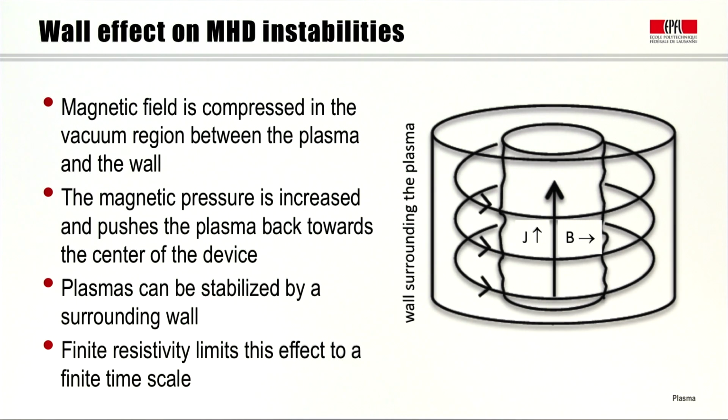The magnetic pressure is increased, and that pushes the plasma back towards the center of the device. This tells us the plasmas can be stabilized by a surrounding wall. However, this effect is limited by the finite resistivity of the plasma and of the wall, and so this effect only lasts over a finite time scale.